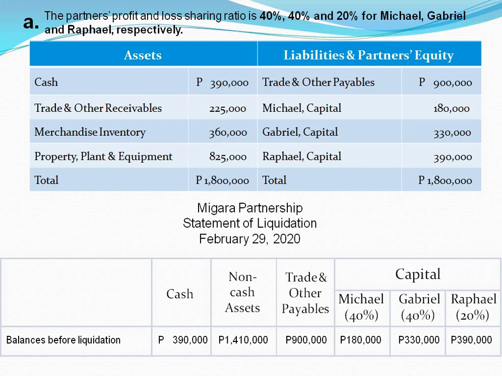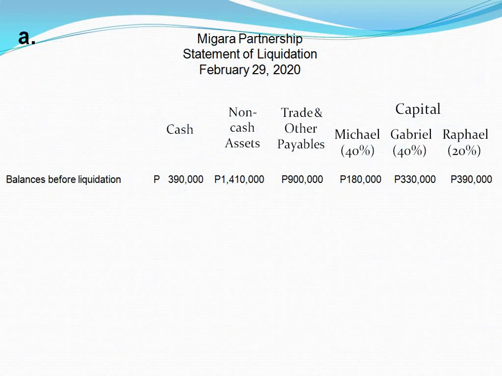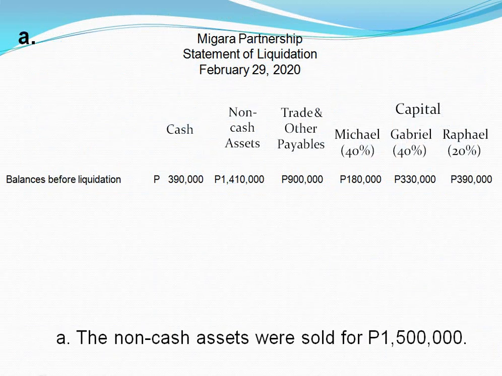Case A of the problem states, the non-cash assets were sold for 1,500,000 pesos. When the non-cash assets were sold, what happened to the non-cash assets? Decreased, naturally. How much was the decrease in the carrying value of the non-cash assets?